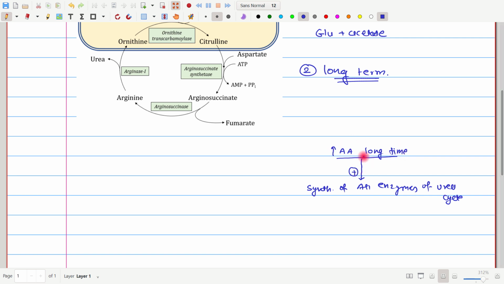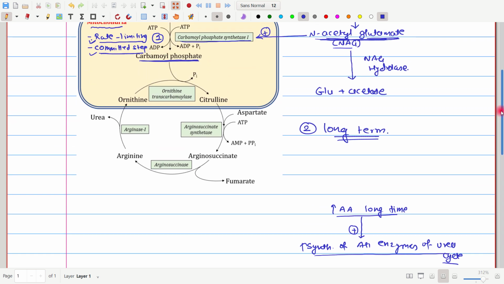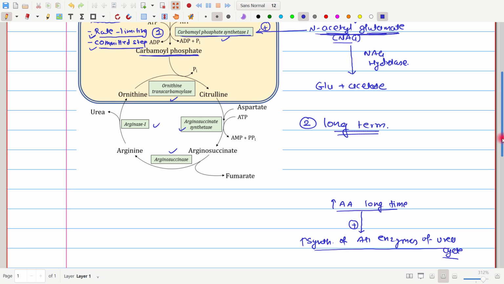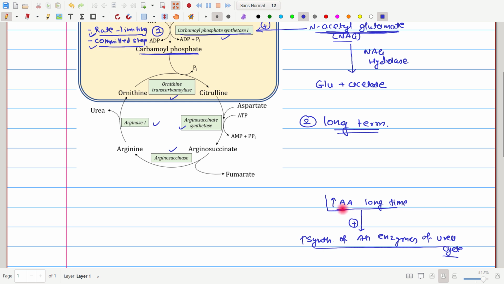How exactly increased amino acid in the blood for a long time stimulates synthesis of all enzymes of the urea cycle is not known. Simply this is the observation; what are the steps, how it leads to increased synthesis of these enzymes, is not known. And here all the enzymes, not only carbamoyl phosphate synthetase 1, but all of these 5 enzymes are stimulated.